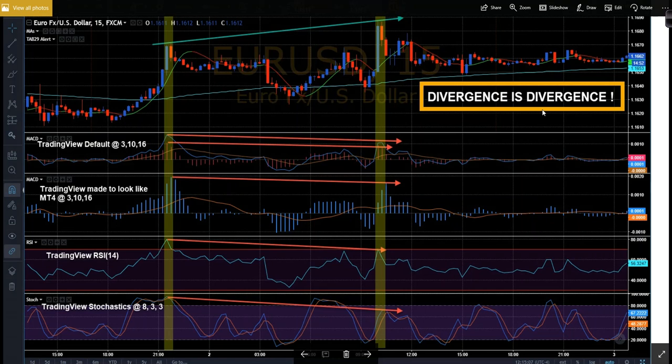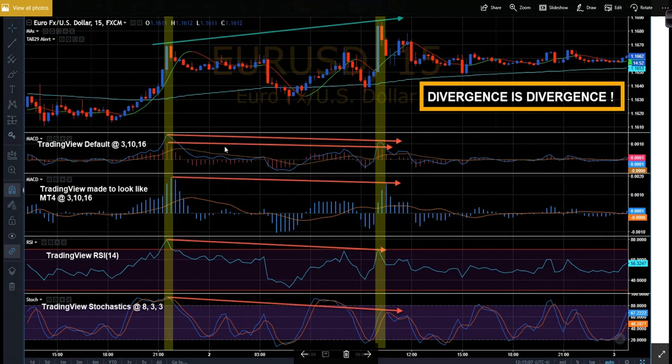If the divergence doesn't look like it's there in one indicator, you could always take a second look. If you do the setup the way suggested, you will have the TradingView default and you will have RSI.